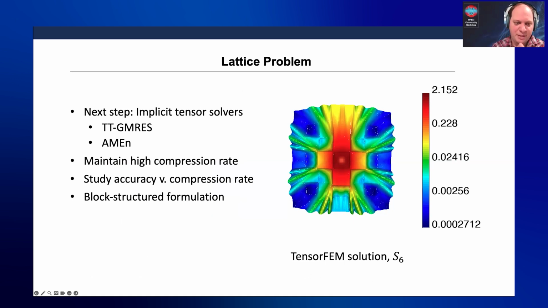But really what we want to be doing is using implicit solvers, implicit time stepping. So looking at tensor train GMRES or AMEn, and then studying the compression rate, making sure we're maintaining a high compression rate. Otherwise, that's the whole point of this. If we're not doing that, then we're not really getting an advantage here. We're also studying accuracy versus compression rate, because there is a trade-off space there.